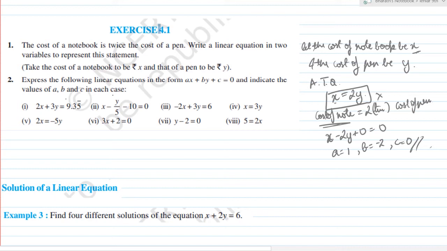So next, question number 2. Express the following linear equations in the same form. These are a, these are b, and get this into this. Here, 9.35, this thing on top is known as bar. This is an infinite series, like 9.35555, it goes on dividing.